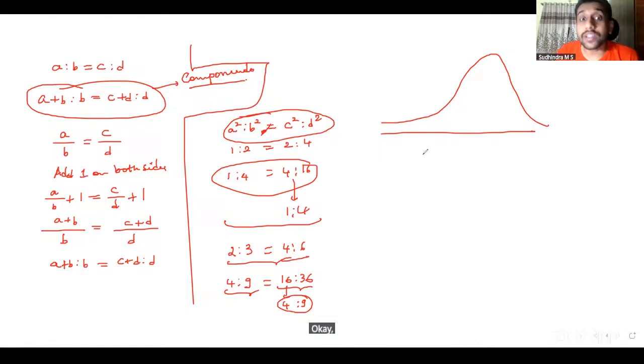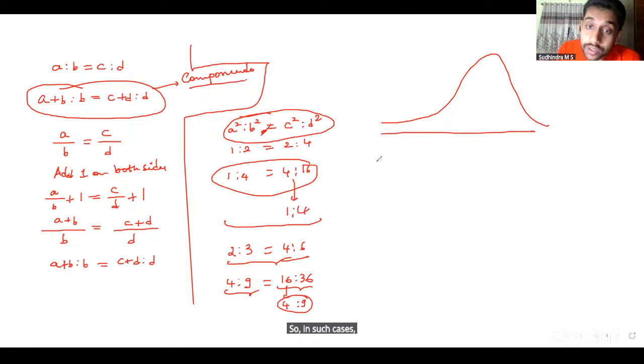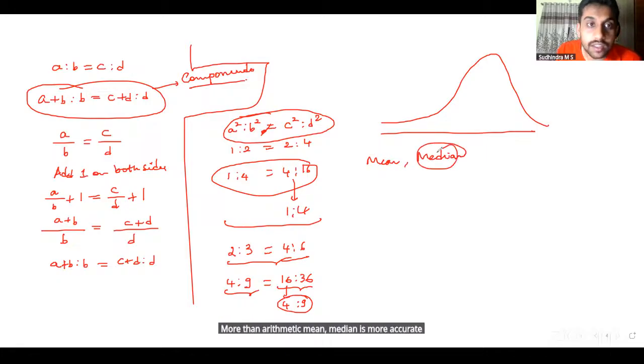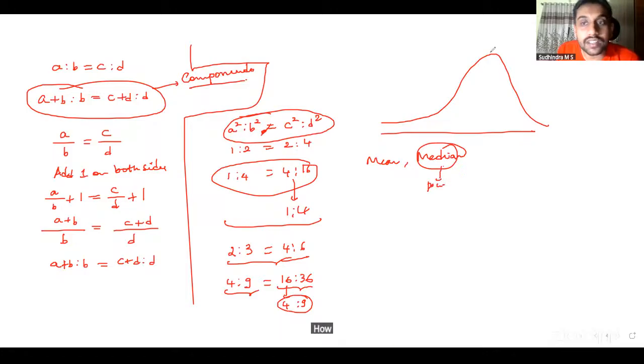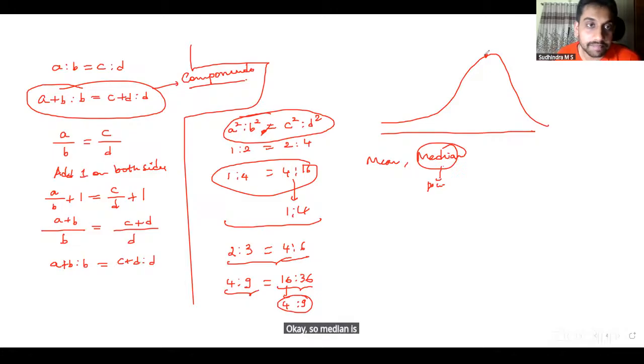When there is skewness, there is biasness in the data. So in such cases, more than arithmetic mean, median is more accurate because median is a positional average. However much skewness there is, the middlemost value will always be middlemost. So median is the best measure.